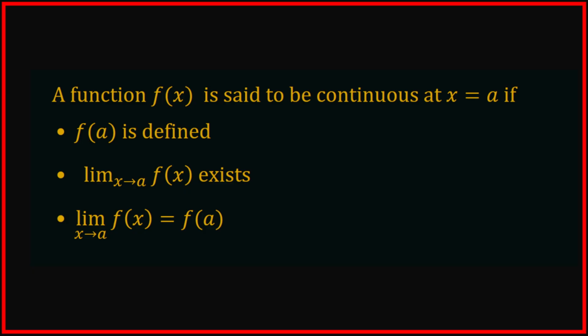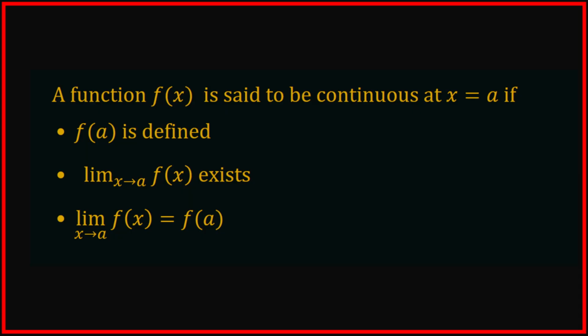So formally, what is the definition? You know very well. A function f(x) is said to be continuous at any point x equals a if f(a) exists. It means that the function value at a must exist. The second thing is the limit as x approaches a of f(x) should exist.